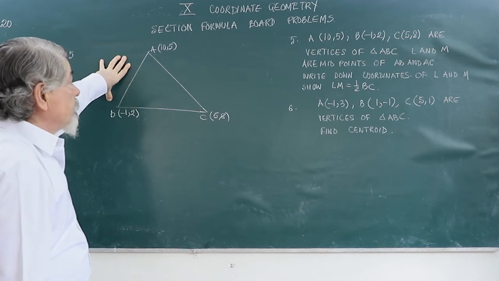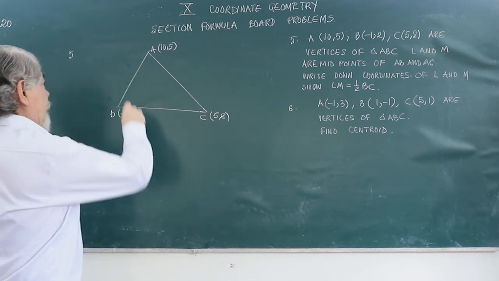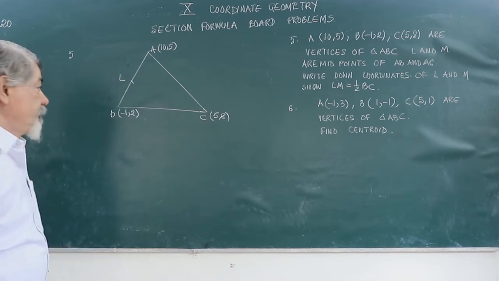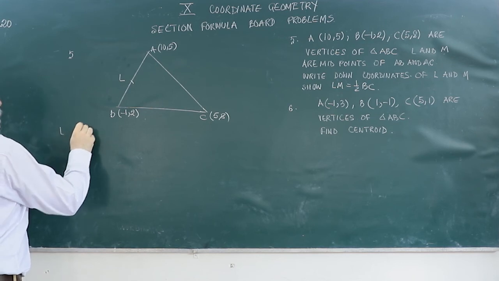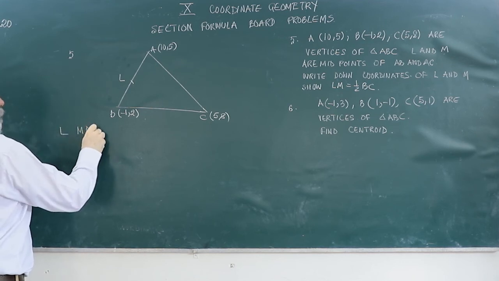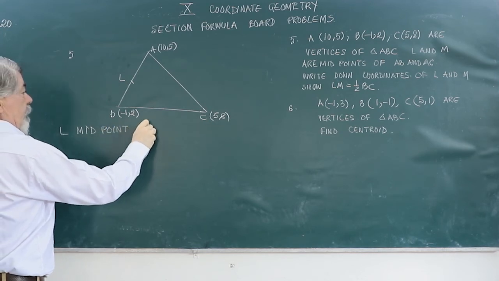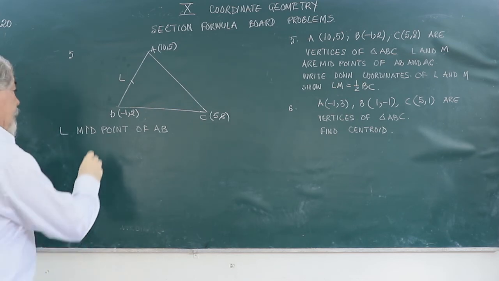Now let us calculate the coordinates. He says L is the midpoint of AB. So let us calculate the midpoint of AB.